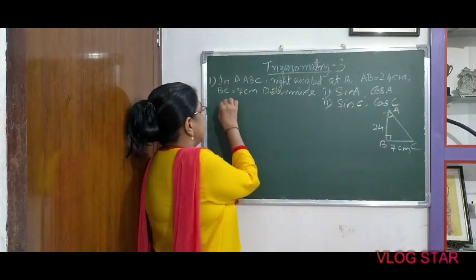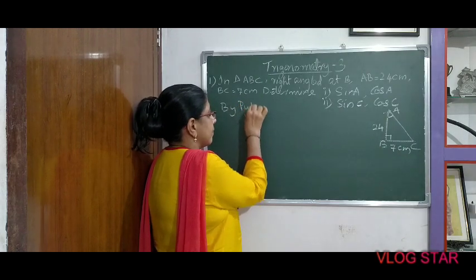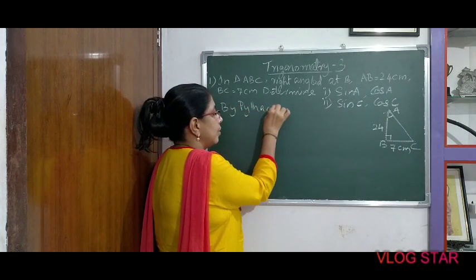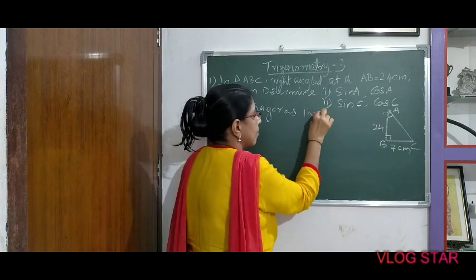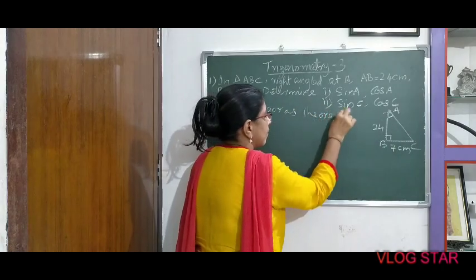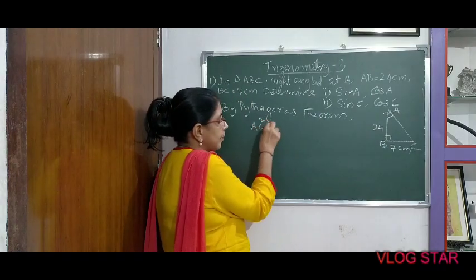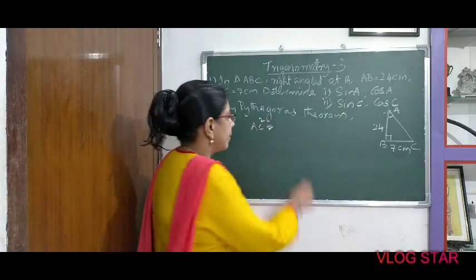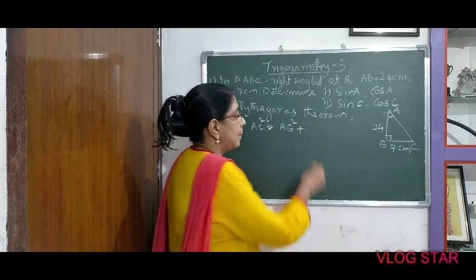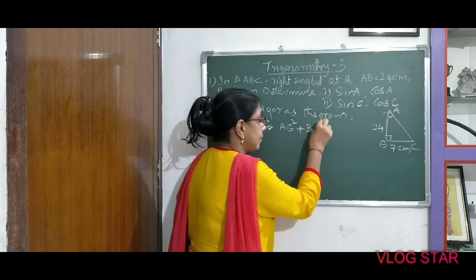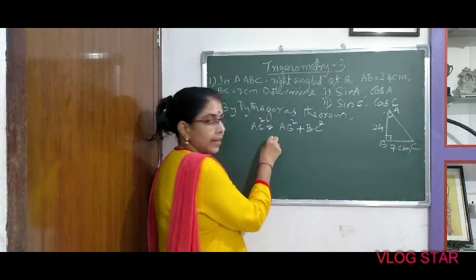Now, by Pythagoras theorem, AC square is equal to AB square plus BC square. We know that AB is 24 and BC is 7.